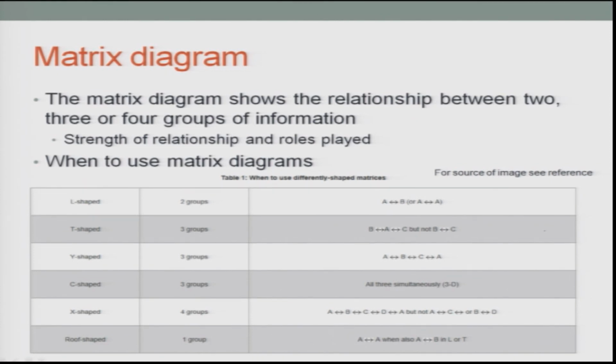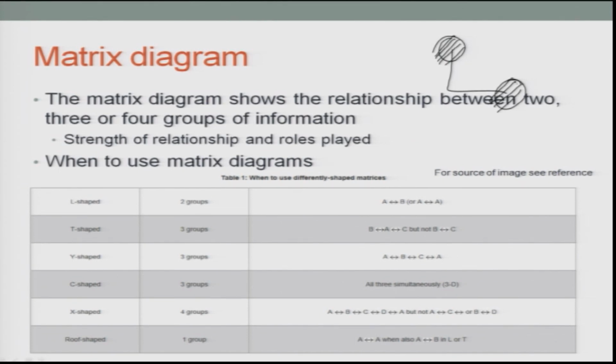In this case, in the L shaped you can consider 2 groups, while in the X shape you can consider 4 groups. The relationship for the L shape would be a relationship between A and B. So, you are trying to understand the L shaped as this, and you put the sets of information or groups at the 2 nodes which I have hashed here, and that will give you the relationship between them.